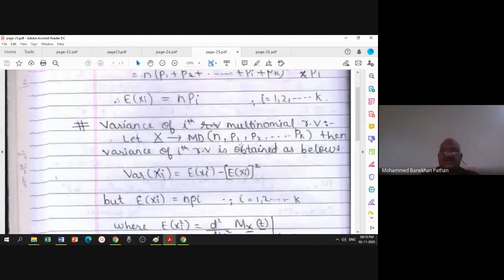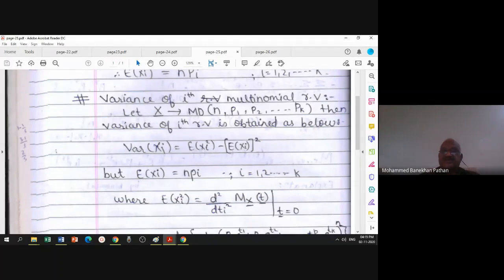Let us proceed ahead to see how to get the answer for variance. Variance of the ith multinomial random variable. Let X vector follow a multinomial distribution with parameters n, P1, P2, dash dash Pk. Then the variance of the ith random variable is obtained as below.